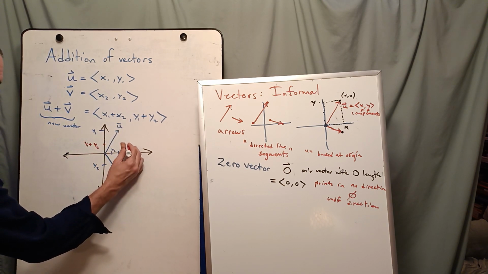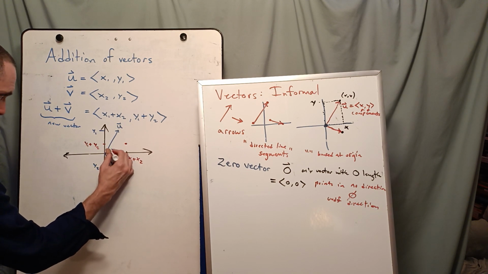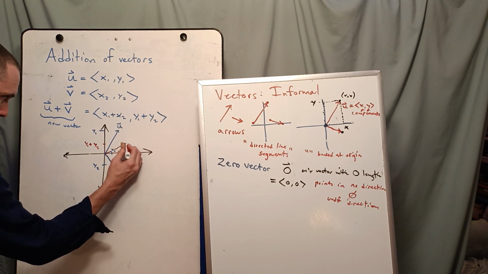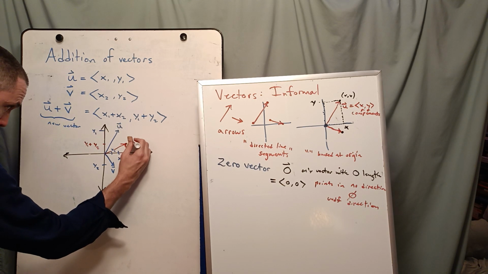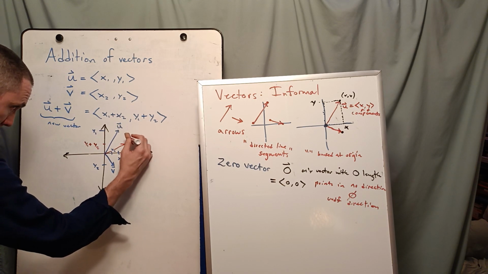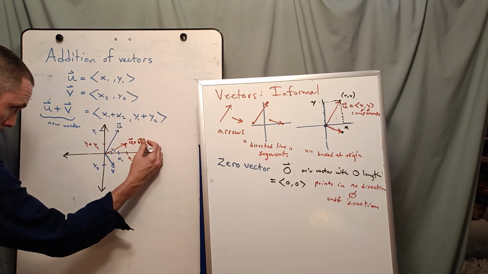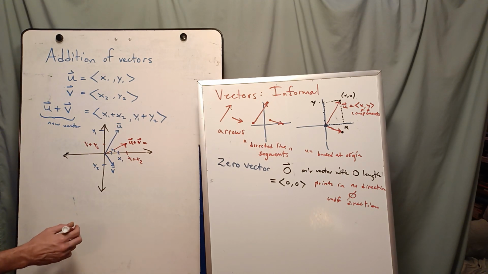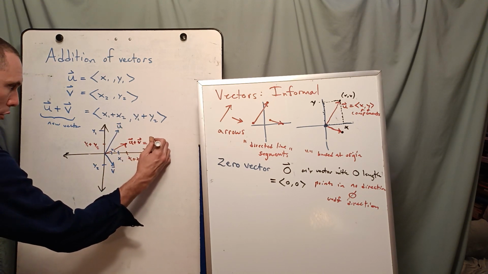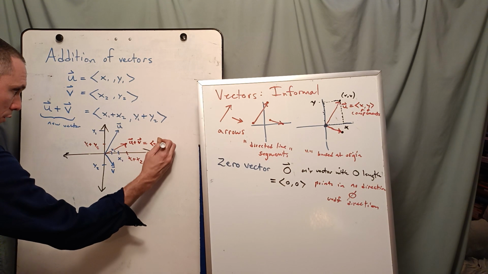And that gives us enough information to sketch the vector u plus v, whose component form is just x1 plus x2, y1 plus y2.